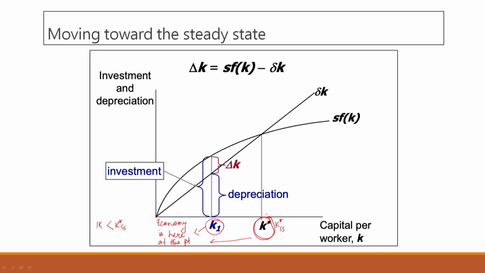Now, what happens at this particular point? So, when an economy is at K1 here, we know K1 is here, we can extend this up to here, and what is this measuring?